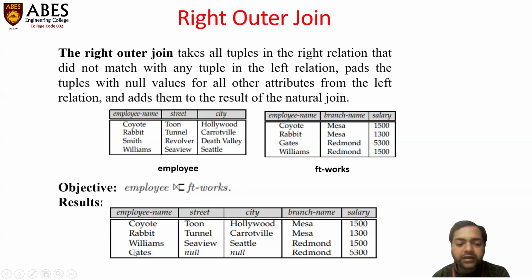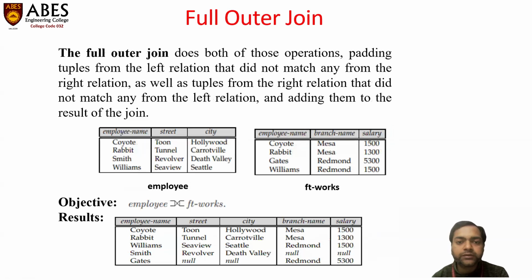His street and city are not known, because this information is not matched with the employee table. So here we apply null, and his branch name and salary are known, so we use that information in our resultant relation. This is the case of right outer join.